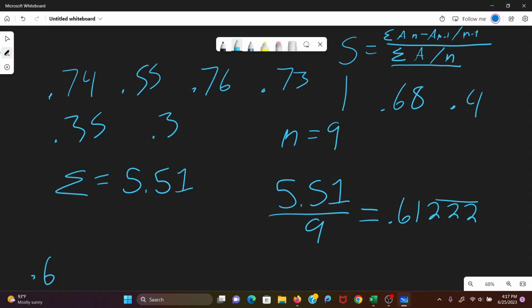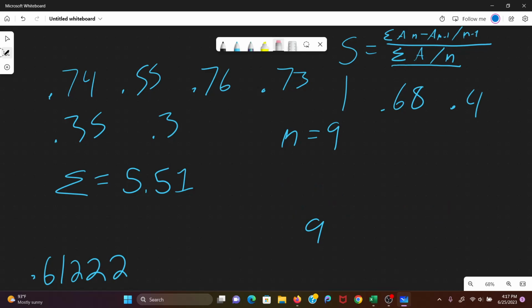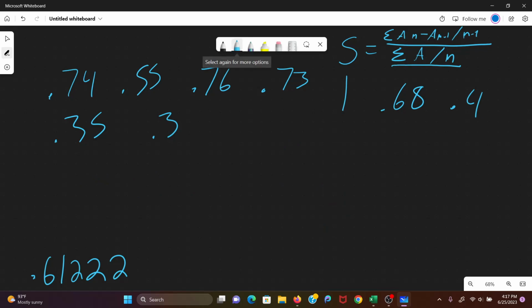I'm going to drop that down here so we can save it for our next step. We're going to get rid of all this. So the next thing that we're going to do is subtract each of these from the next one. We're going to end up with 8 numbers, so n minus 1 equals 8.